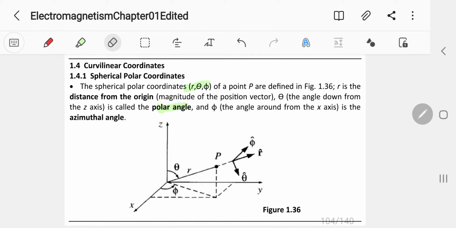They are position dependent. Unlike x hat, y hat, and z hat, which always point in the same direction, your r hat, theta hat, and phi hat do not point in the same direction for another point in space.